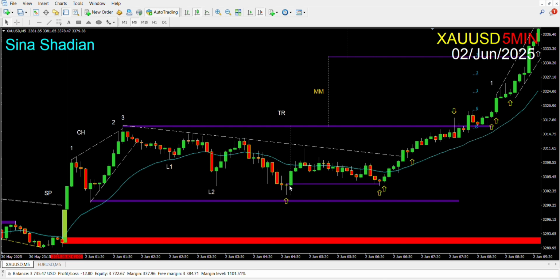Market comes back down to touch the bottom of the channel, and this is what I always have mentioned. When we have a channel, the odds of touching the bottom of the channel are so high, because that's where market tries to create a double bottom. So this is a double bottom, the first bottom and then the second bottom, it rallies up again, reaches the trend line and then comes back down.